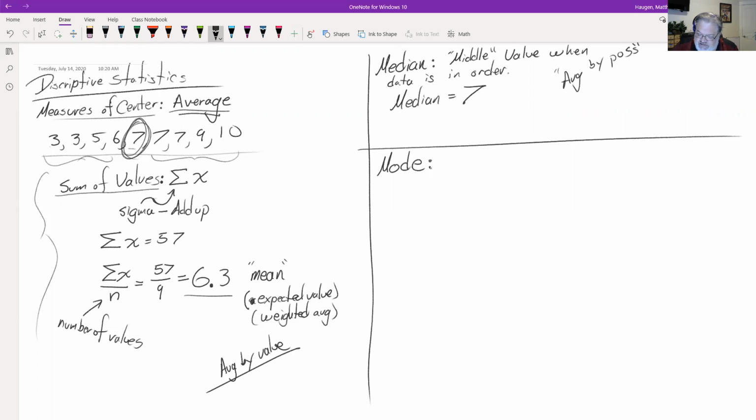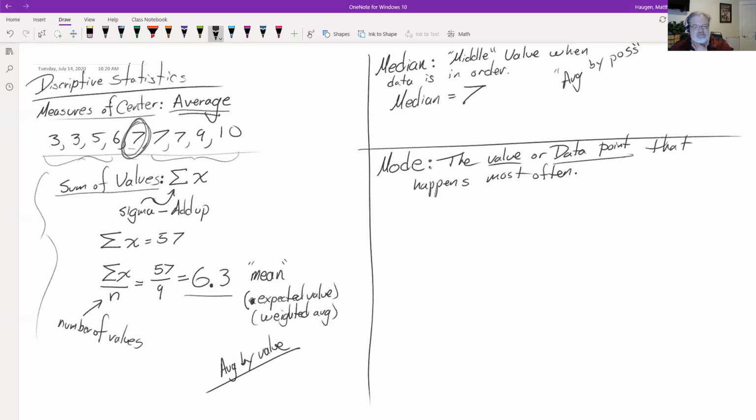But mode is very simply the value or data point that happens the most. That happens most often.